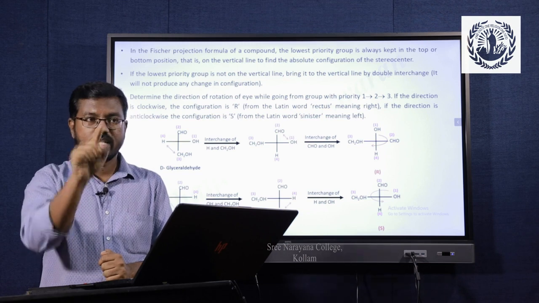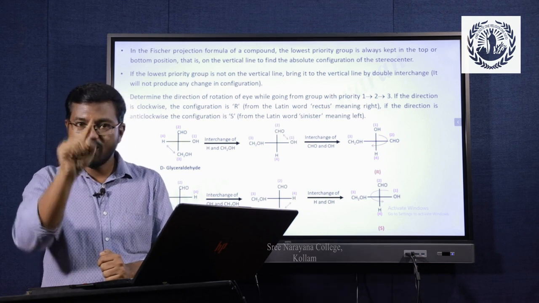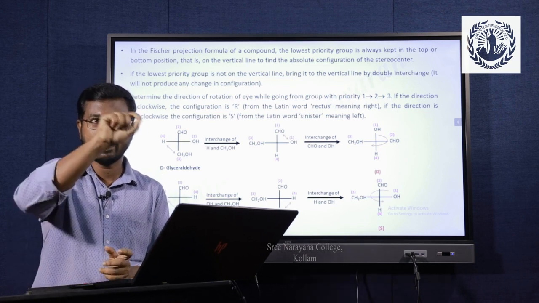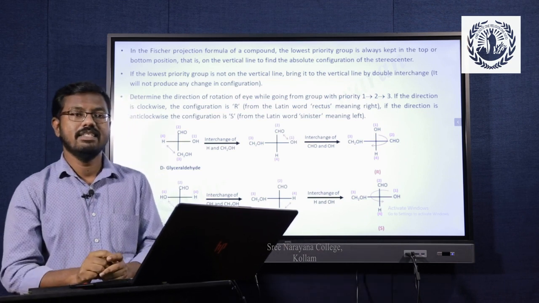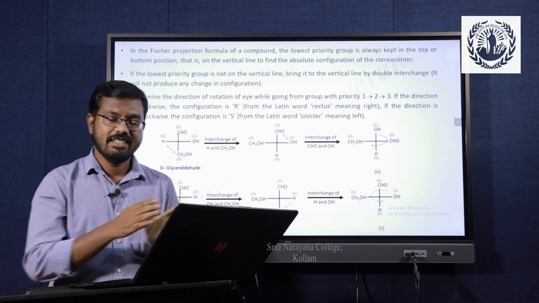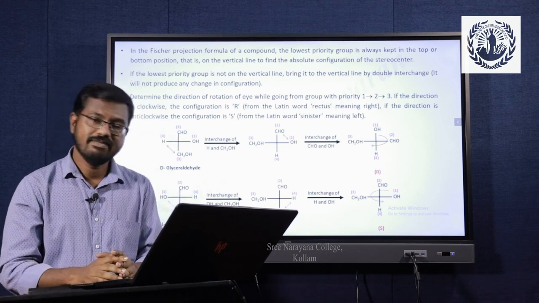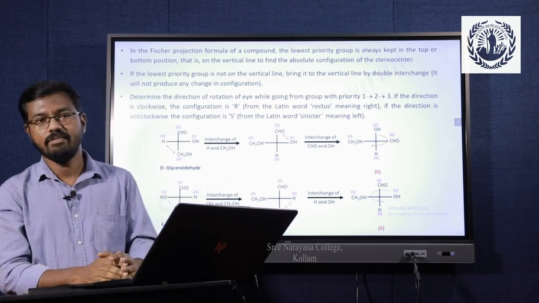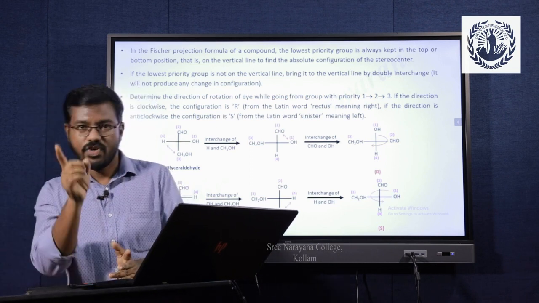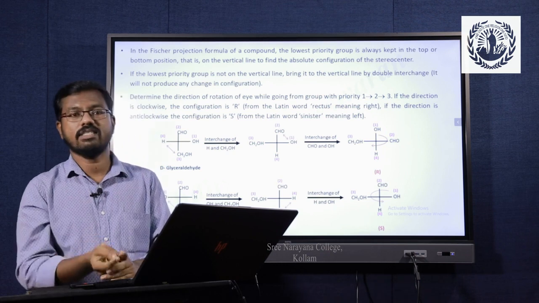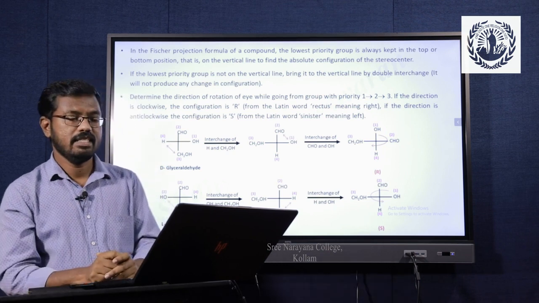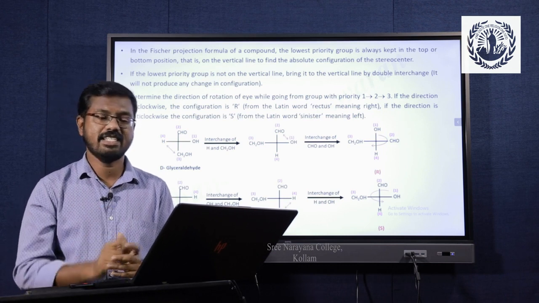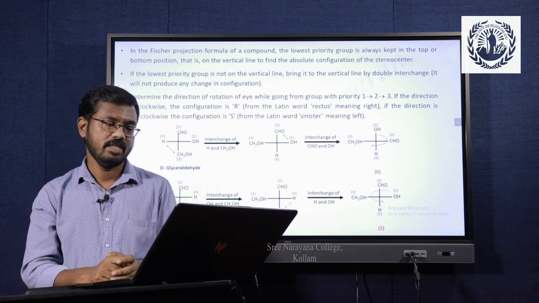If your eye rotates in the clockwise direction while counting 1, 2, 3, then the configuration is termed as R. R means rectus, a Latin word meaning right. If your eye is going in the counterclockwise direction, or left, then it is termed as S. S means sinister, meaning left.